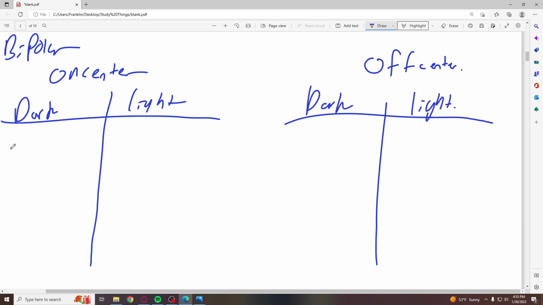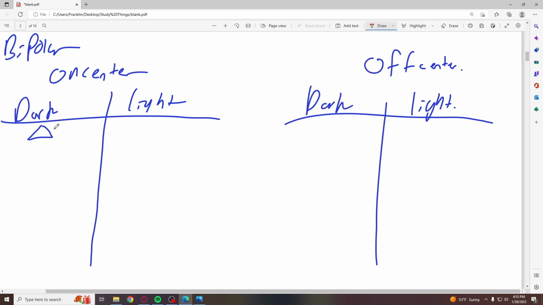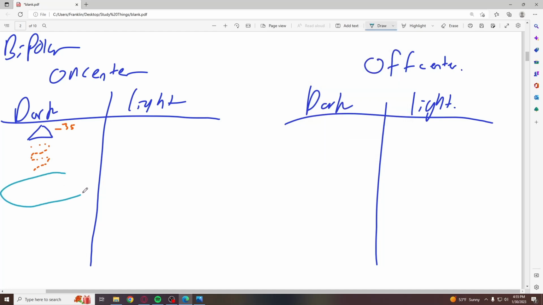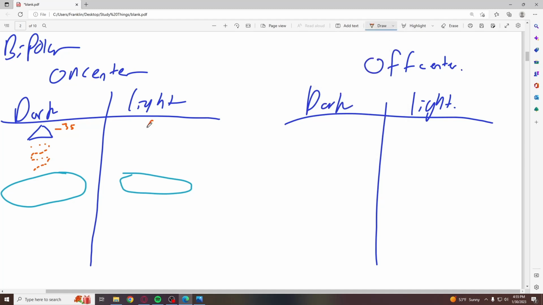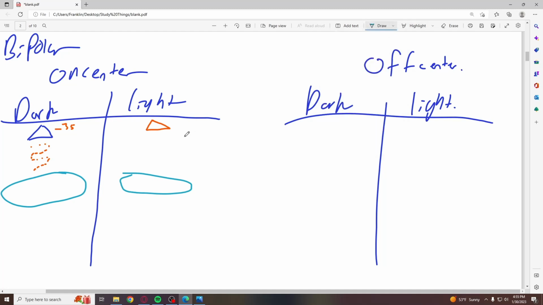Alright, basically you have the rods and cones. Remember that this is going to be -35, and there are signals being sent to this here on center cell, and that here you have the light rods and cones, which is not sending a signal.